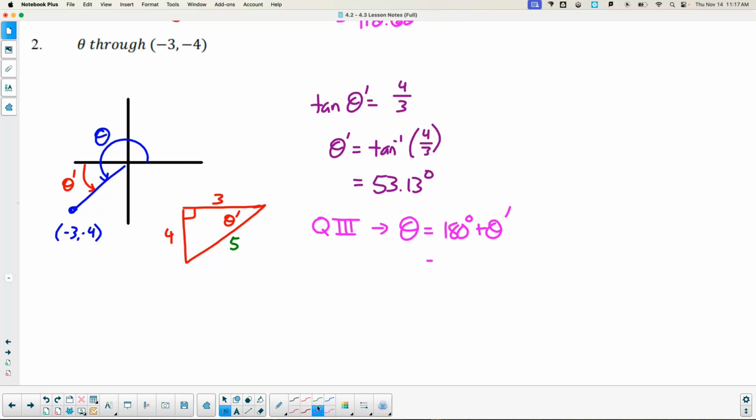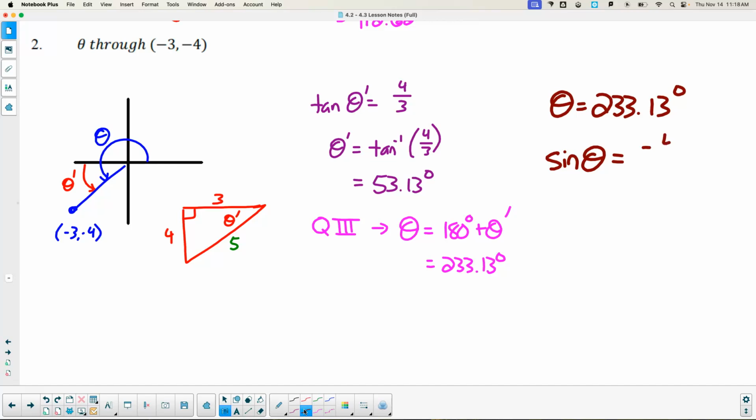So that is going to be 233.13 degrees. Sine is going to be negative 4/5.